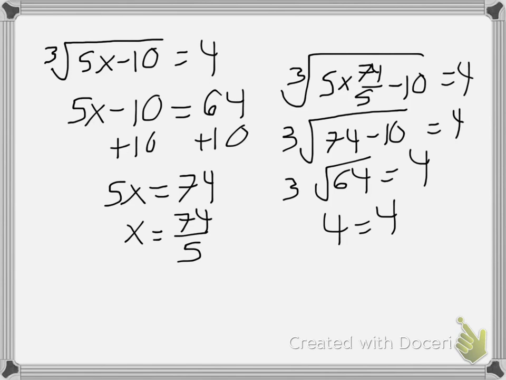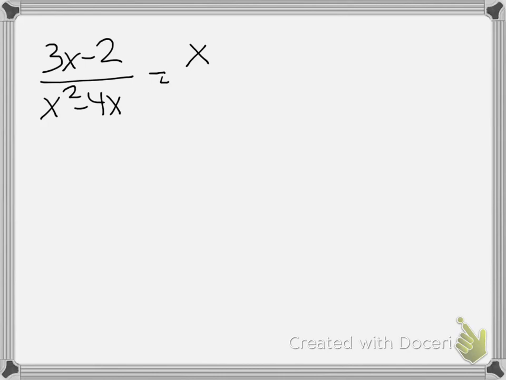Okay. All right, last one that y'all asked me for was number 20. So I've got 3x minus 2 over x squared minus 4x equals x over x minus 4 minus 1.